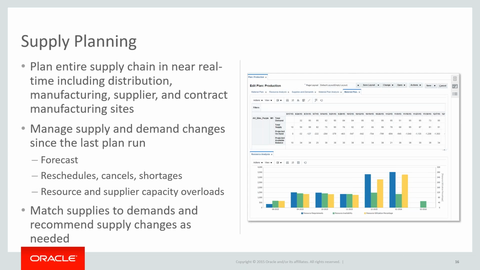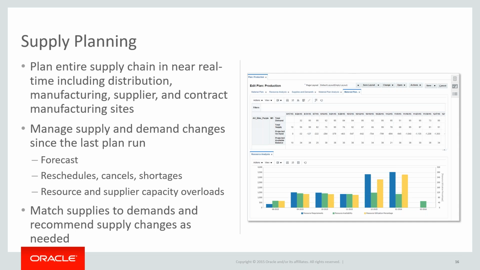From a supply planning perspective, it plans the entire supply chain. What I mean by that is, if you have a vertically integrated supply chain or manufacturing scenario where you have sub-assembly plants and final assembly plants, and if you want, you can plan that entire supply chain in one holistic plan.